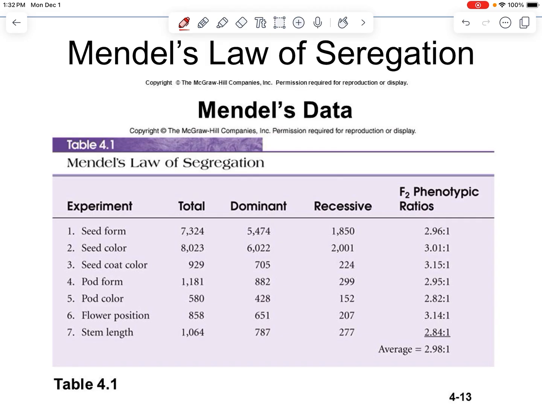If you look at here, this is an example of Mendel's data that he had collected over the years. He looked at seed form, for example, and he collected 7,324, and of that, dominant were 5,474, and then 1,850 for recessive. So that ratio came out to be 2.96 to 1. If you notice, all of these are almost like a 3-to-1 ratio.